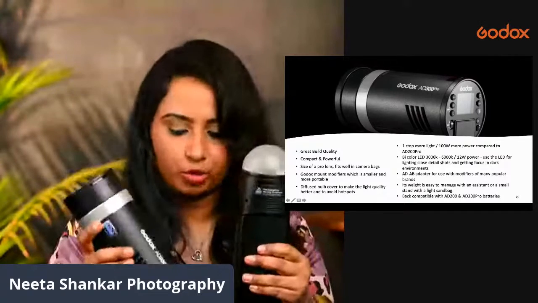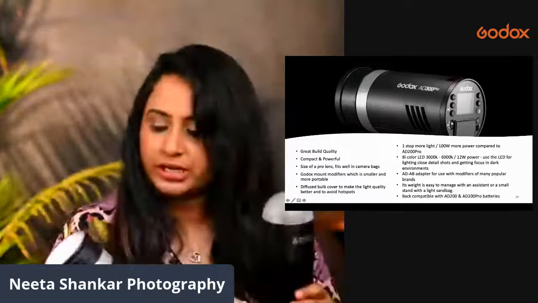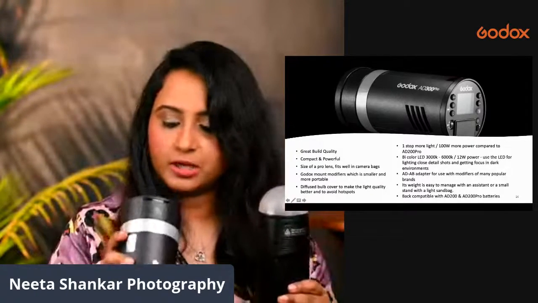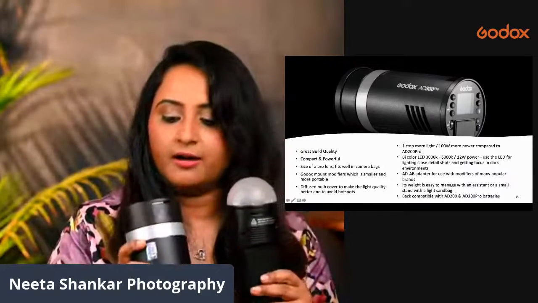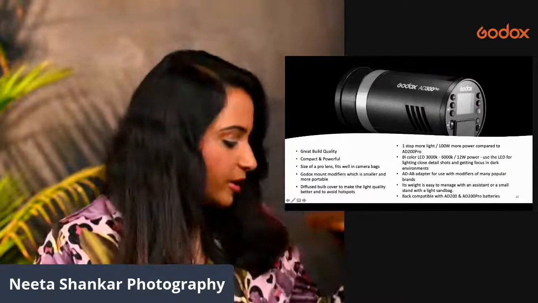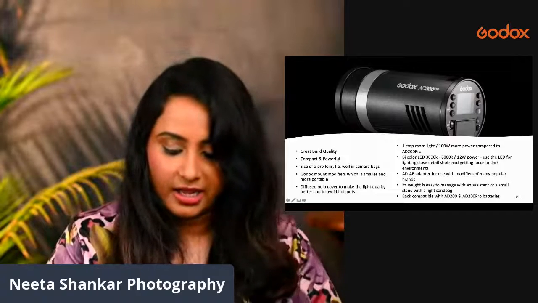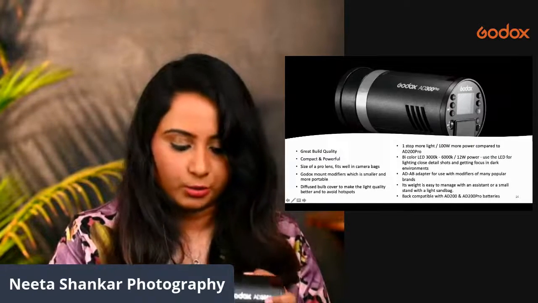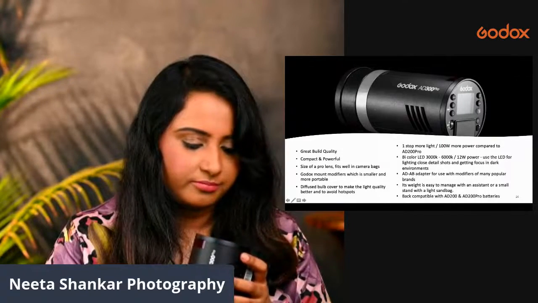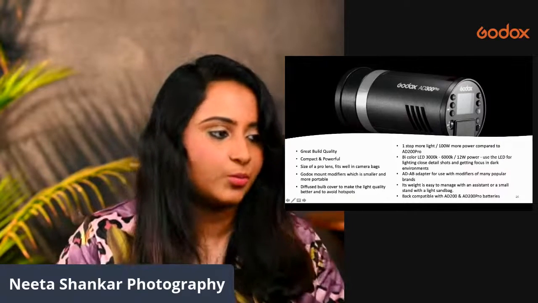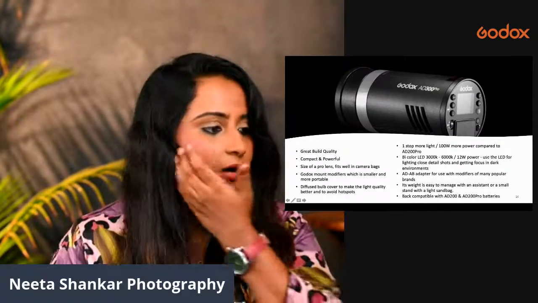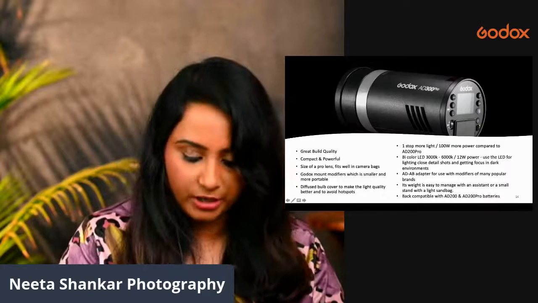It's still very portable. And I absolutely love the build quality on this. It feels a lot sturdier and well built. The design is something that they have definitely put a lot of thought into. So that is one of the reasons why I like the AD300 Pro.